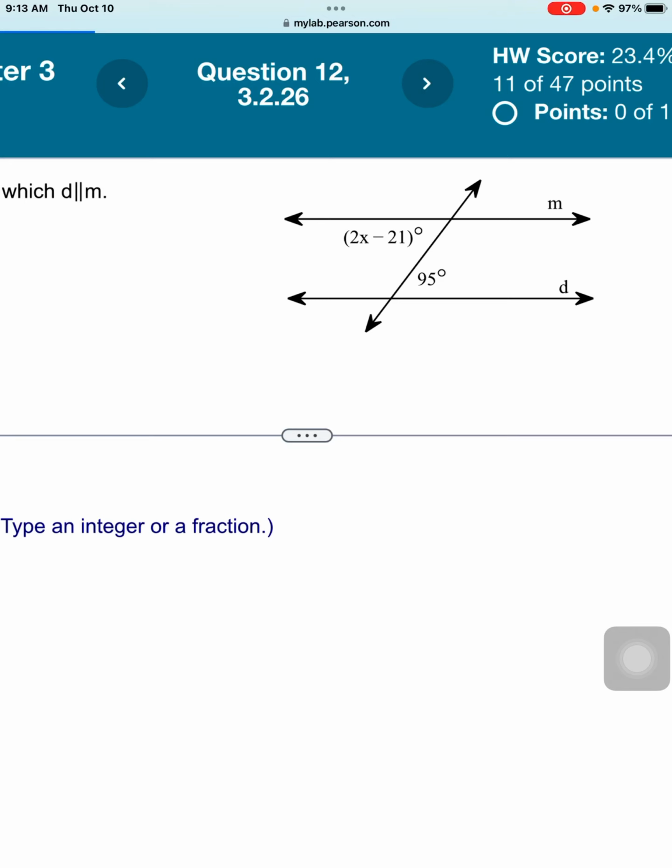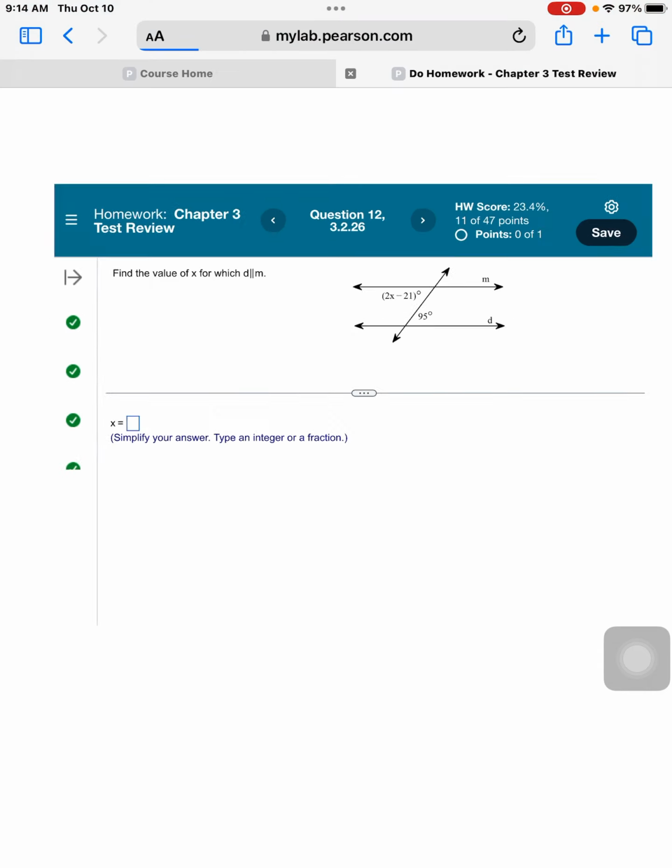So all you would do is set 2x minus 21 equals 95, because those two angles have to be congruent, because they are alternate interior angles of lines M and D, and M and D are said to be parallel. So they must be congruent. Okay?